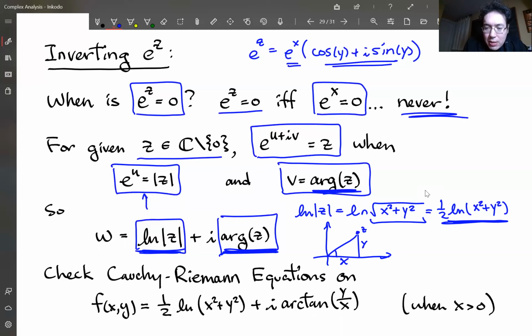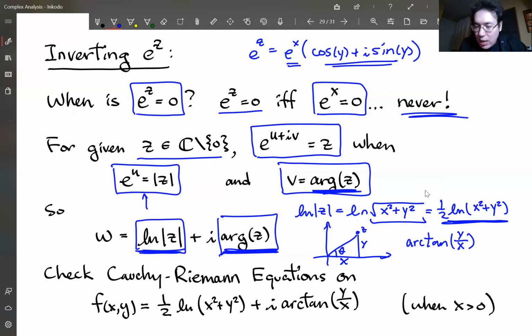The argument is that angle right there, that the line segment connecting the origin to z makes with the positive real axis. One way to do this is to use the arctan function, the inverse tangent, and the tangent is opposite over adjacent. So arctan of that ratio should give you the angle we are looking for.